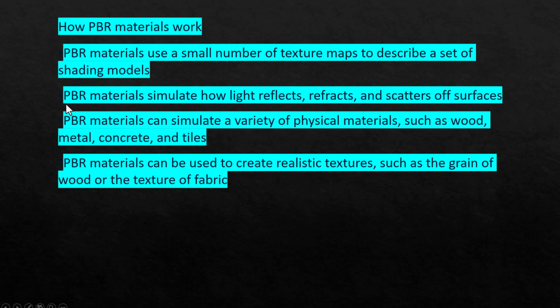PBR materials simulate how light refracts and scatters off surfaces, so it gives a more realistic scene if you use PBR materials in any of your 3D programs. And you can see here they can be used to create realistic textures.